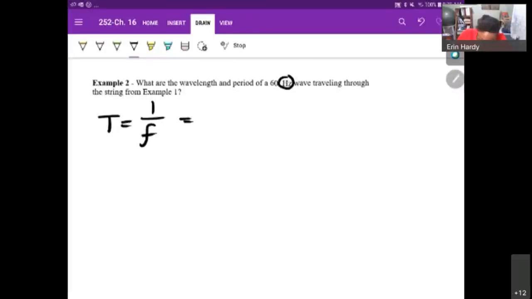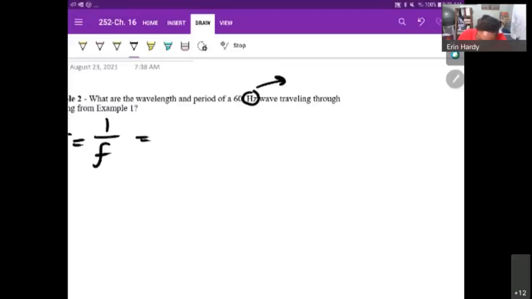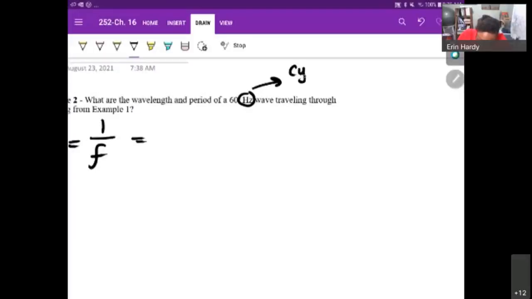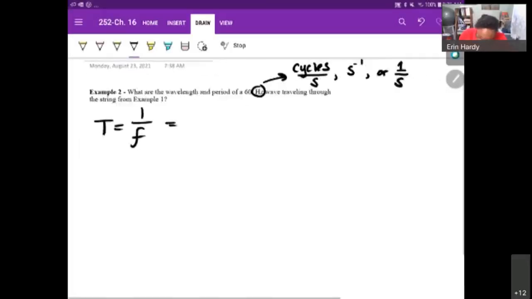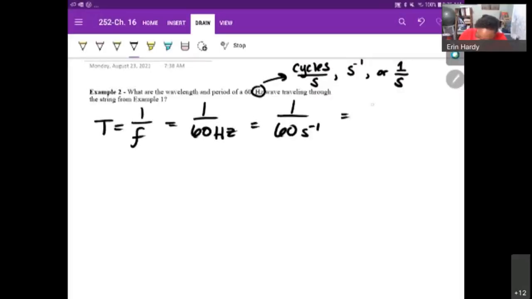Remember, hertz is something that we can equate to either cycles per second, inverse seconds, so s to the minus 1 power, or 1 over s. Those are all interchangeable. So if I take 1 over 60 hertz, that's exactly the same as saying 1 over 60 inverse seconds. So 1/60th of a second.